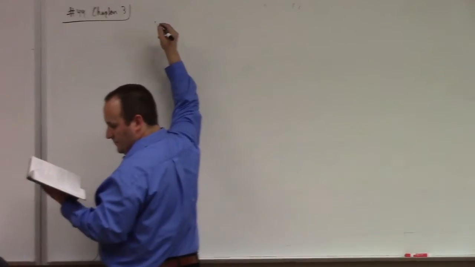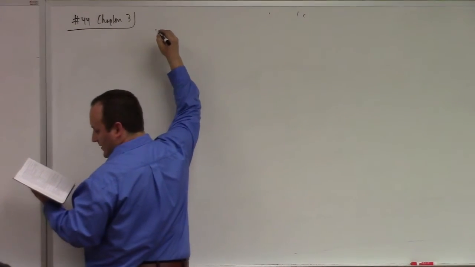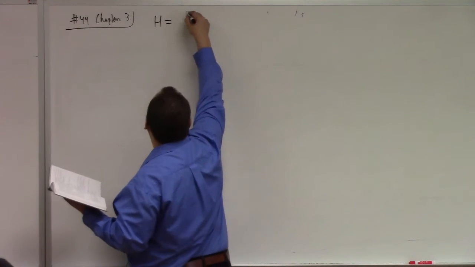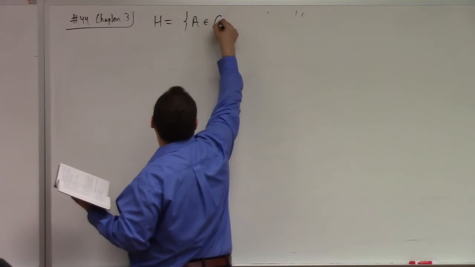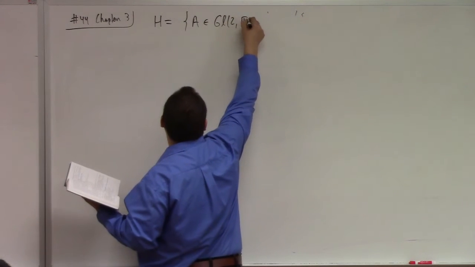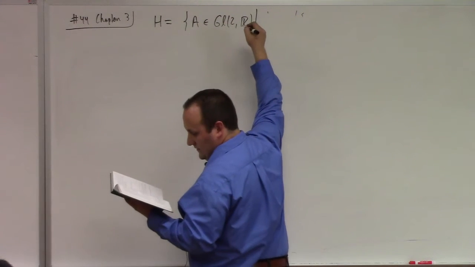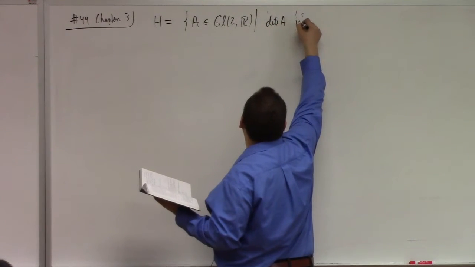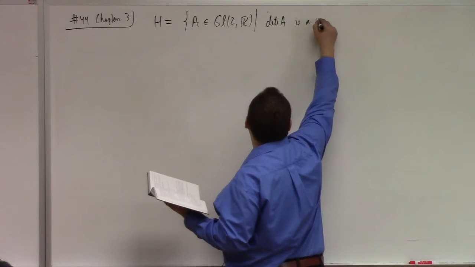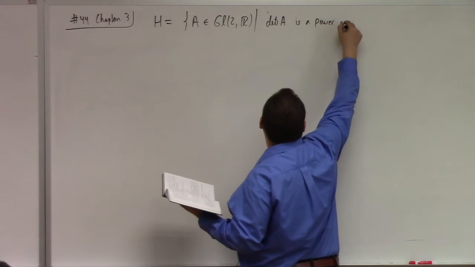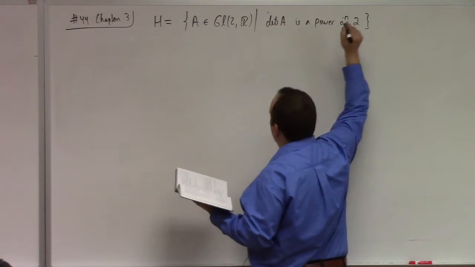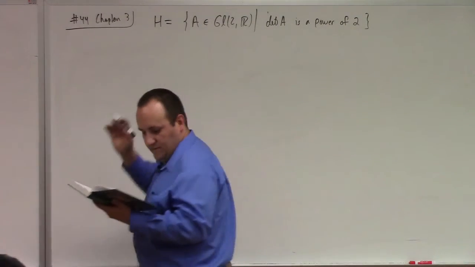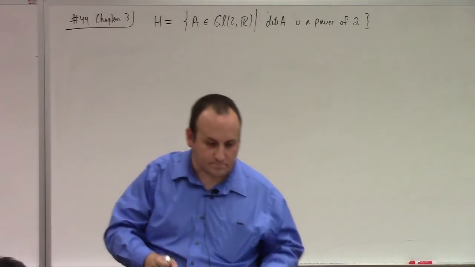So in that problem, we are given H is equal to A in GL2R such that the determinant of A is a power of 2. And we're asked to show that this is a subgroup of GL2R.